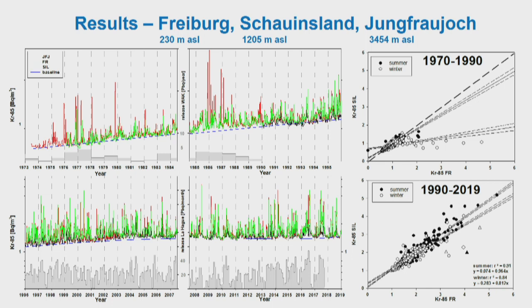The gray bar plot here shows the annual emissions of the Wiederaufbereitungsanlage in Karlsruhe, a pilot reprocessing plant in the Rhine Valley. Frequently forming inversions in the Rhine Valley inhibit an effective exchange between bottom air and air at higher altitudes, and that's reflected in the higher activity concentrations measured in Freiburg as compared to the Schauinsland.